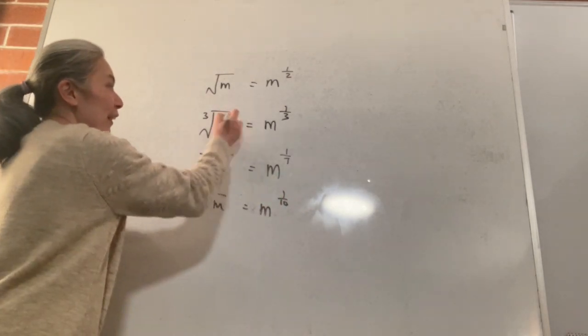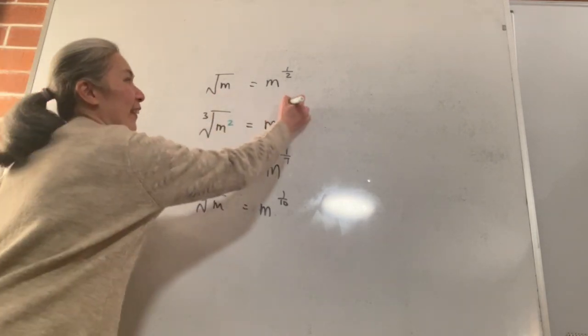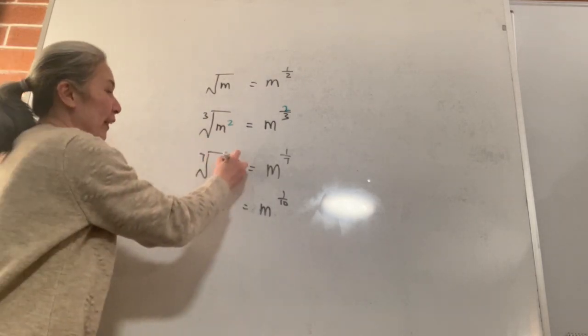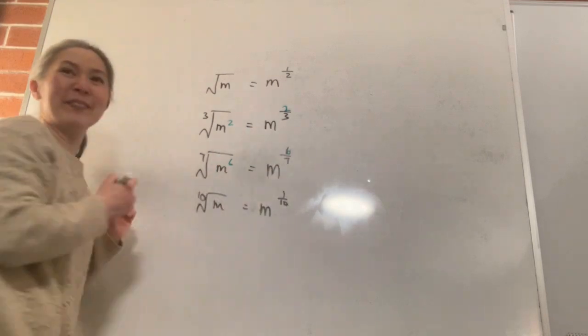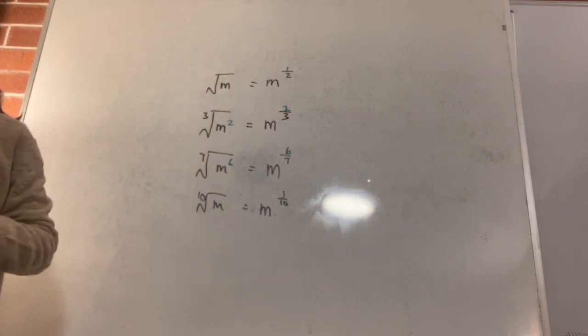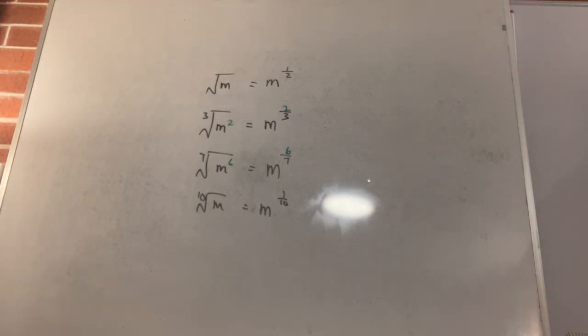If I put a 2 in here, that means what will happen to my 2? If I put a 6 in here, that means my 6 will go on top. Yes, the one outside goes under, the one inside goes on top. Remember that. So, how do you do it when it's like 5/4?